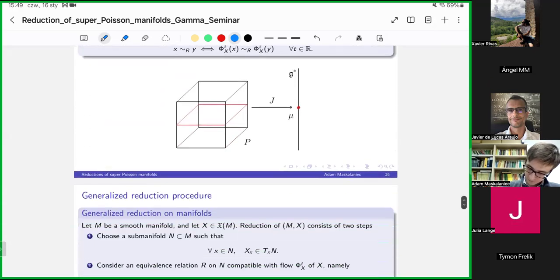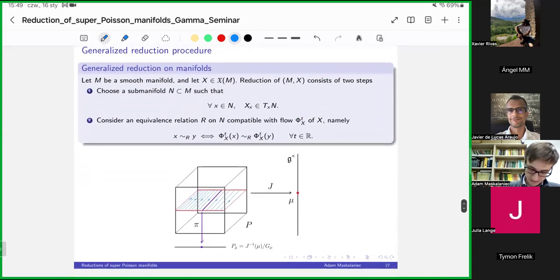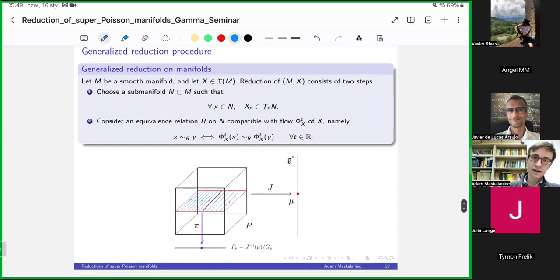And then we may proceed with the second step. We may consider any equivalence relation R on the submanifold N that is compatible with the flow. Namely, this condition is satisfied, which means that the flow leaves our equivalence relation invariant.